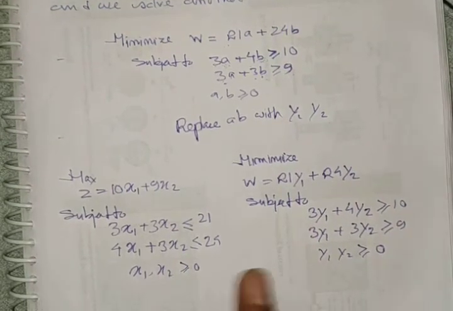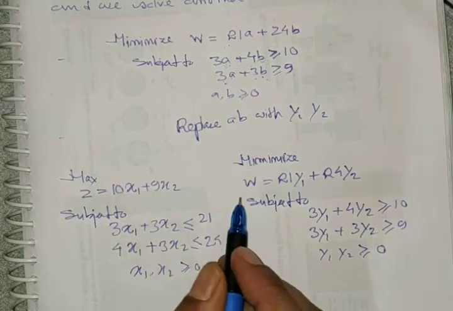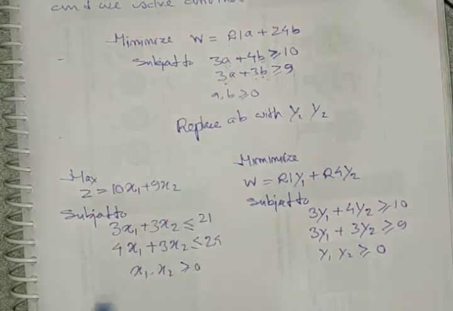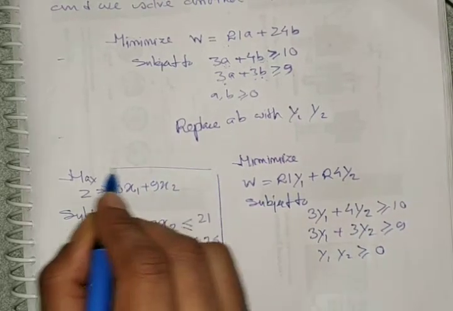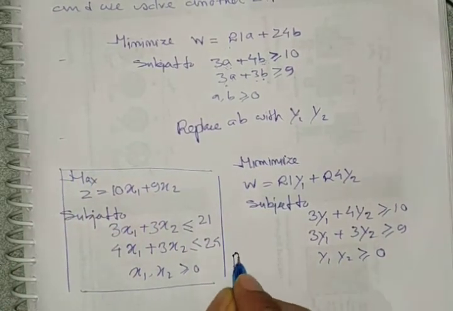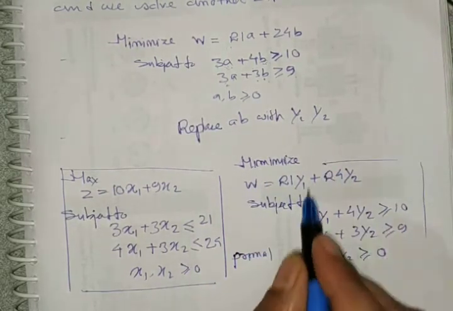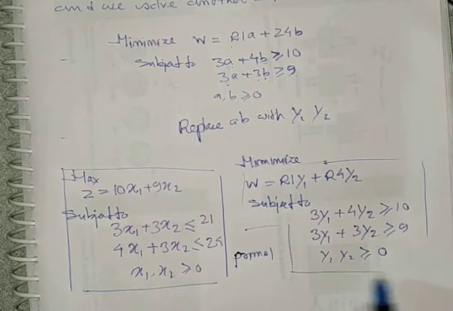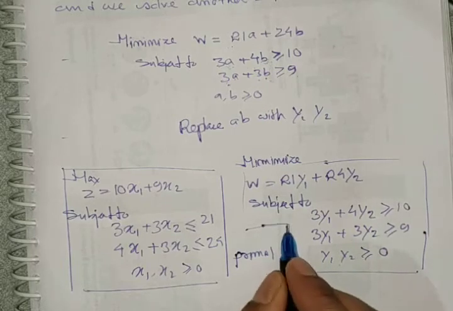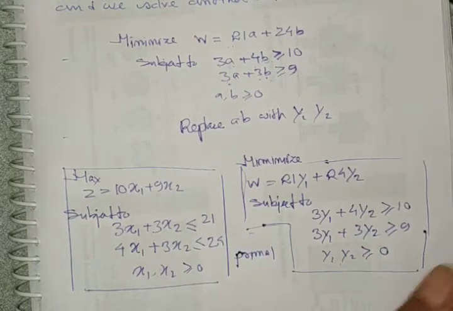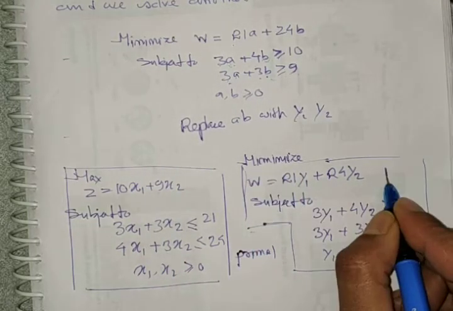If you compare these two, the original problem is called the primal, and this new linear programming, which is derived from the primal, is called the dual.